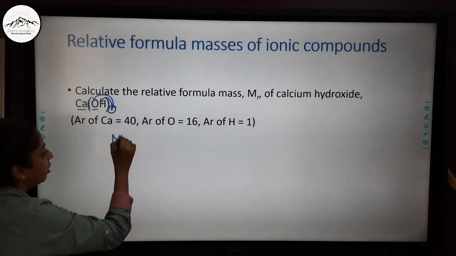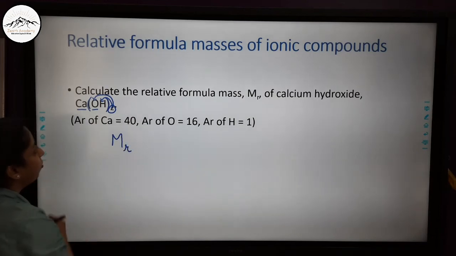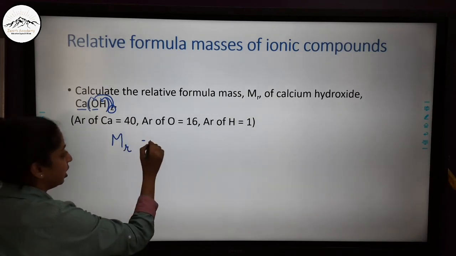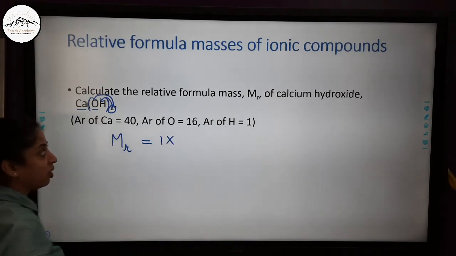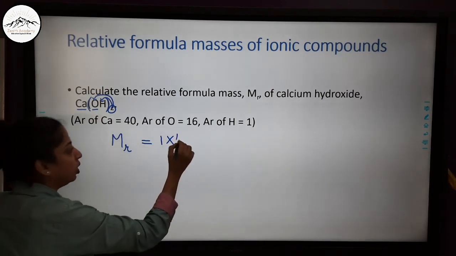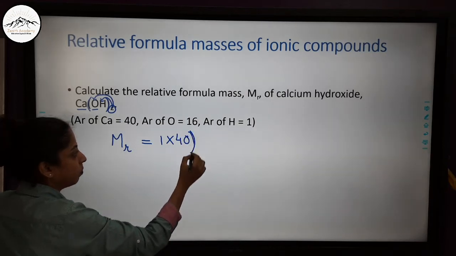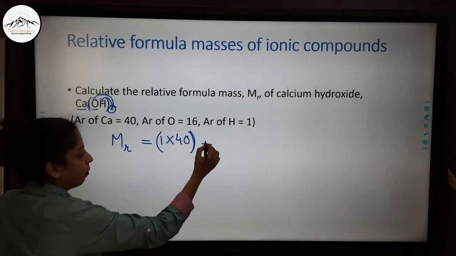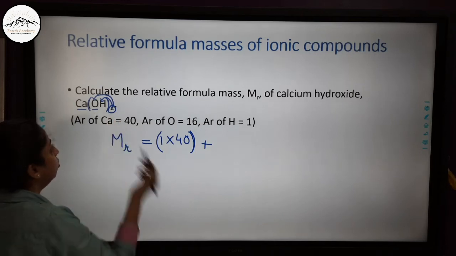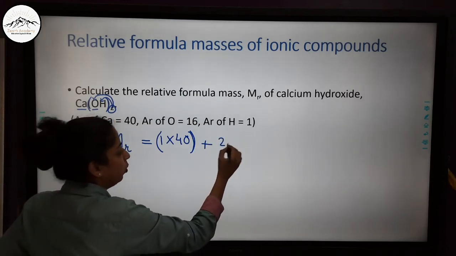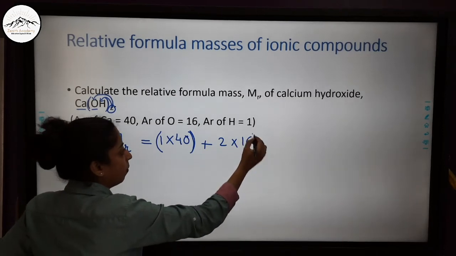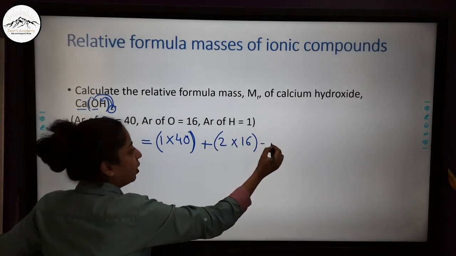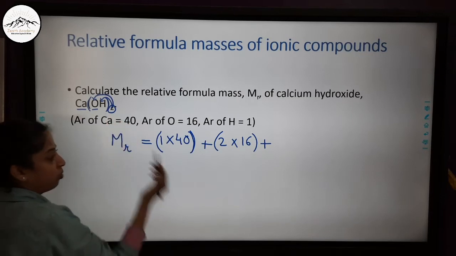So the relative molecular mass of calcium hydroxide is equal to calcium 1. So 1 into relative atomic mass of calcium, that is 40. Now there are 2 of oxygen. So 2 into relative atomic mass of oxygen, which is 16, plus now 2 hydrogen.